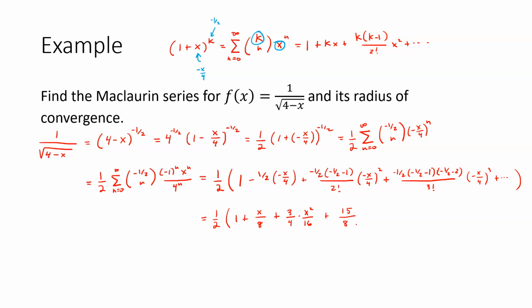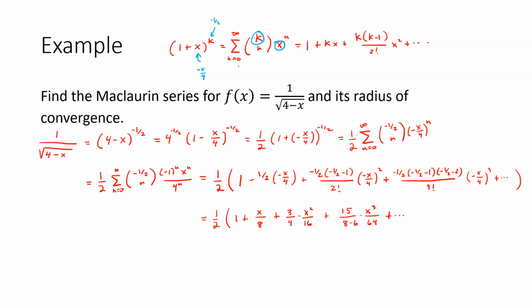We have the 3 factorial, which is 6, and then x cubed over 4 cubed, so that's x cubed over 64. So you can start to see how these coefficients will be formed. They get a little more complicated as the series goes, although they do start out a little bit simpler.